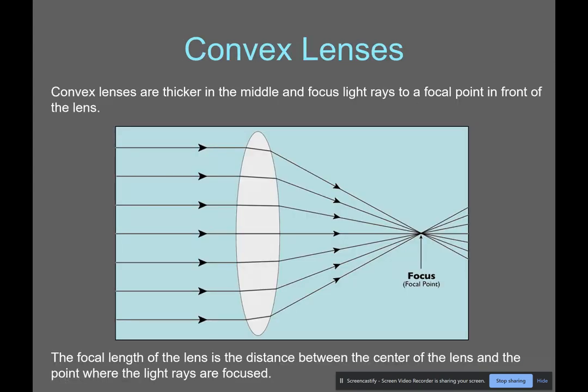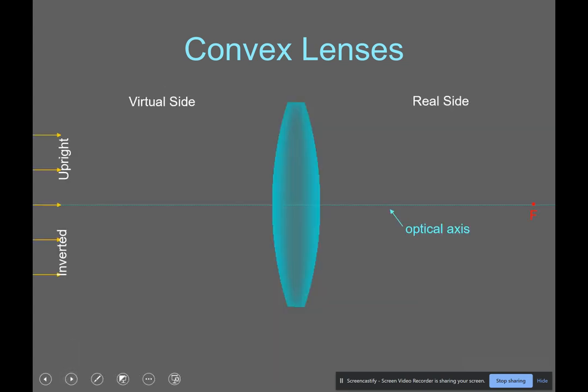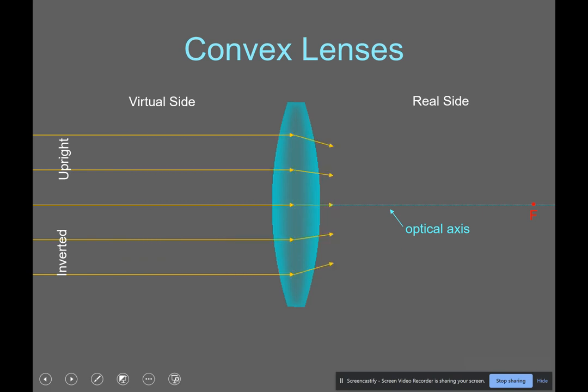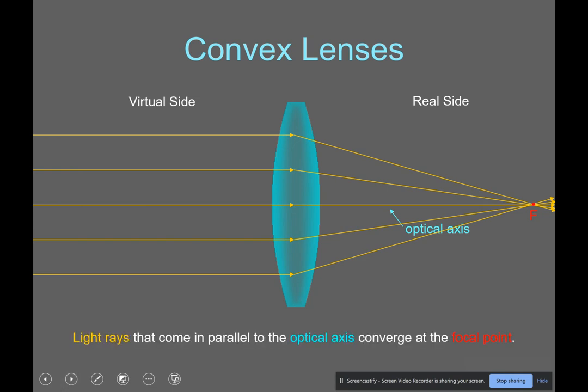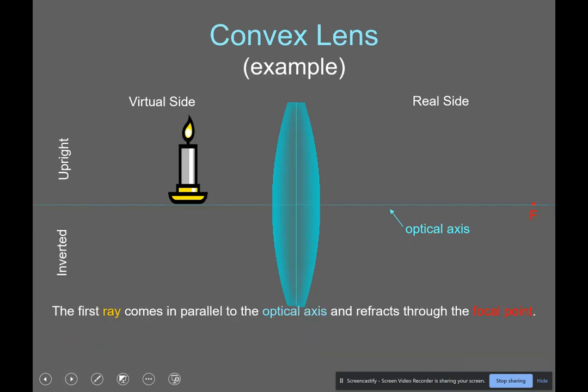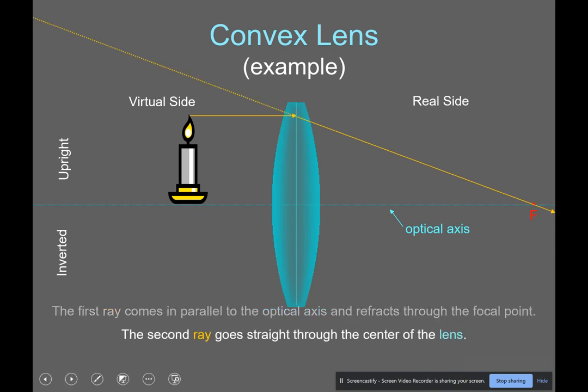Now convex. Again, you get that curve aspect of your lens, so they make all the rays converge. If you have a virtual image, you do a straight line, hit, and then a diagonal line through the focal point, not forgetting your dotted lines out. Your next one is just a straight line.